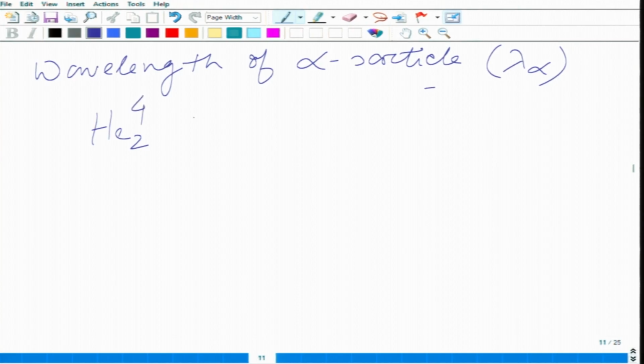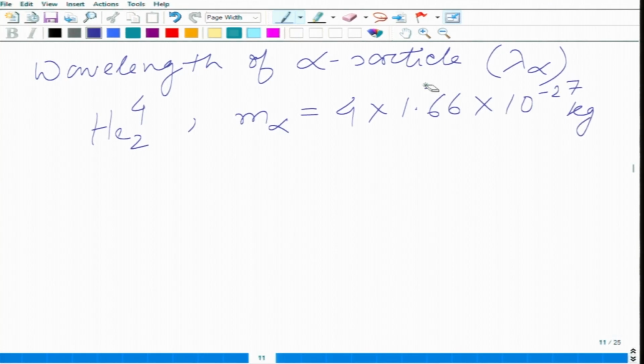Therefore, mass of alpha particle will be 4 into 1.66 into 10 to the power minus 27 kg. Since the masses of neutron and proton are considered almost equal, we multiply this value with 4. And the charge of alpha particle will be twice that of the charge of proton. So, 2 into 1.6 into 10 to the power minus 19 coulomb.